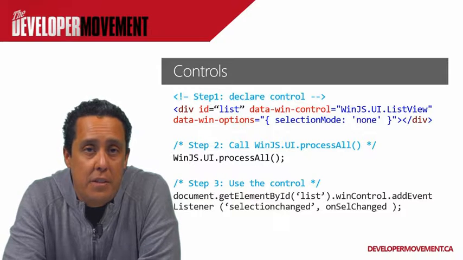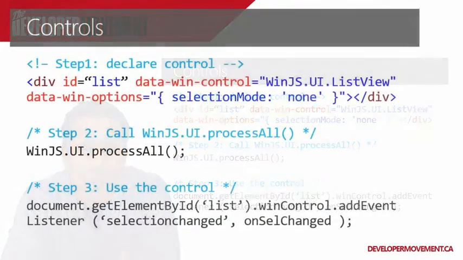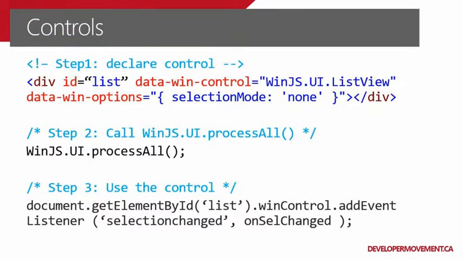So a WinJS list view, basically step one is declare your HTML. It's essentially a div, with your data-win-control, WinJS.UI.ListView, and then you set some options for the list view. So these are custom Windows attributes. It's still a div, and it's going to create a control.